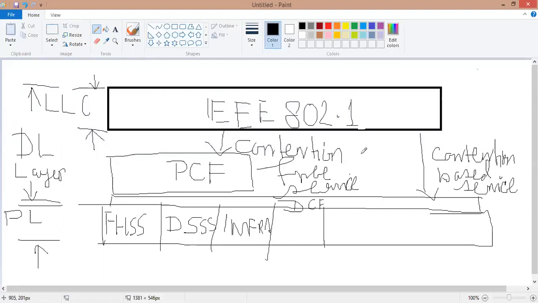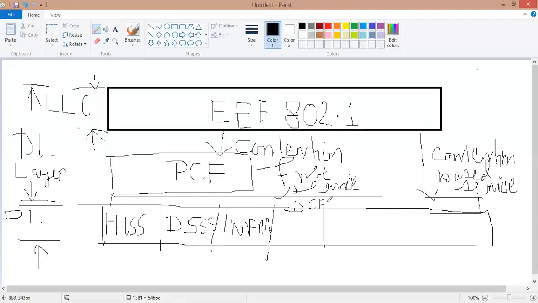Now there are two services: contention free service and contention based service. Contention free service includes PCF. Contention based service includes DCF.